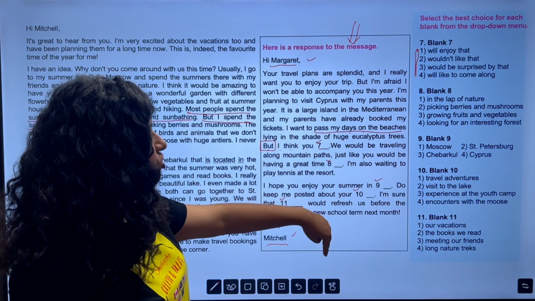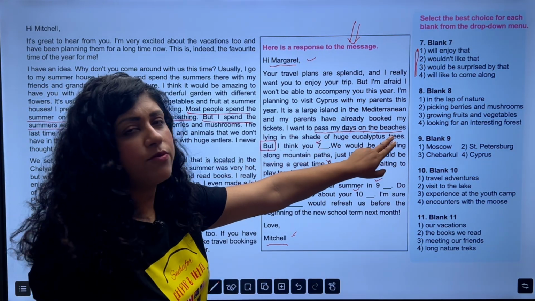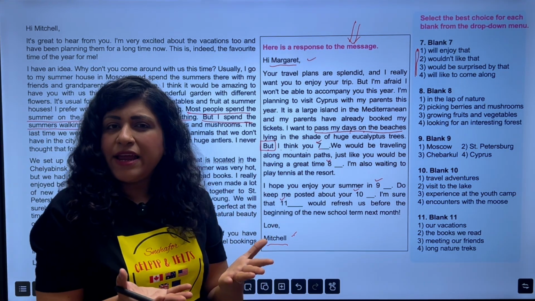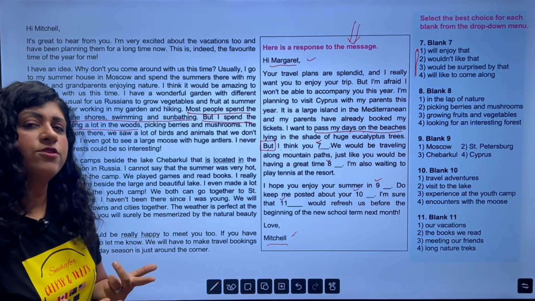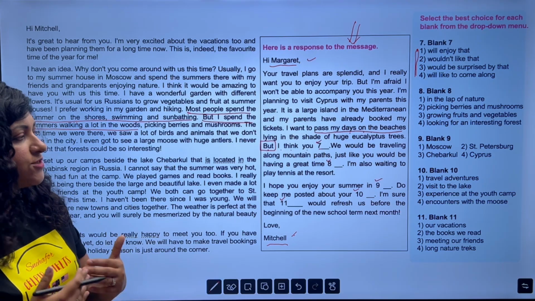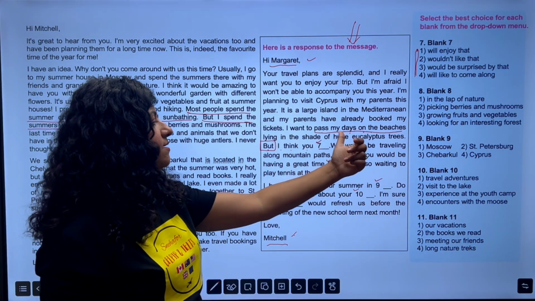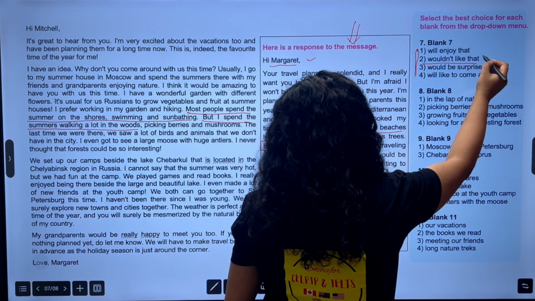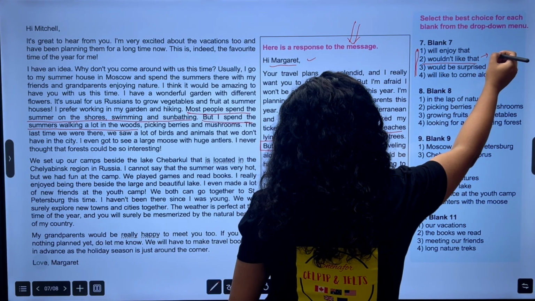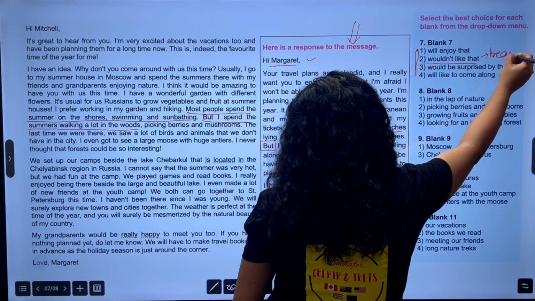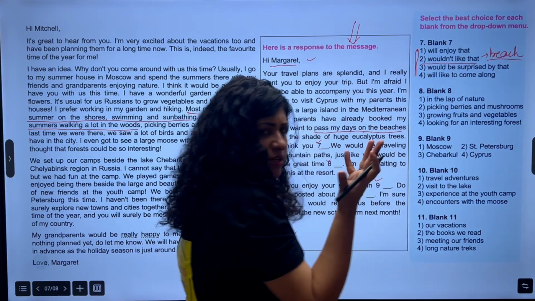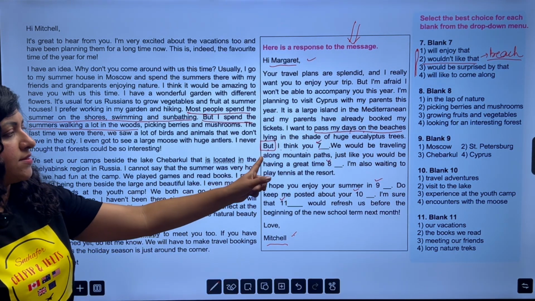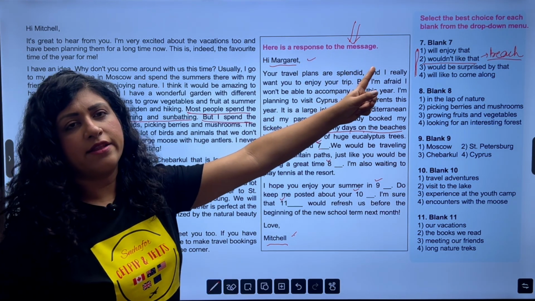So Michelle's idea of passing her days on the beaches would not be liked by Margaret because she's not a beach person. And that is why Michelle will say that, but I think you would not like that. That refers to the idea of spending time on the beach because she does not enjoy that, right? So this makes sense, but I think you would not like that.